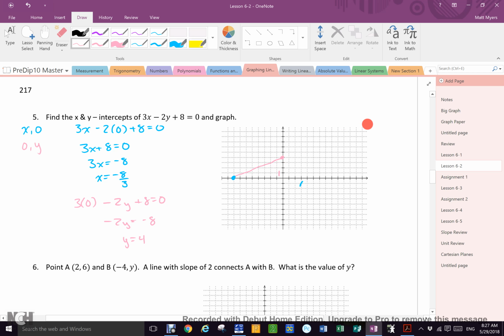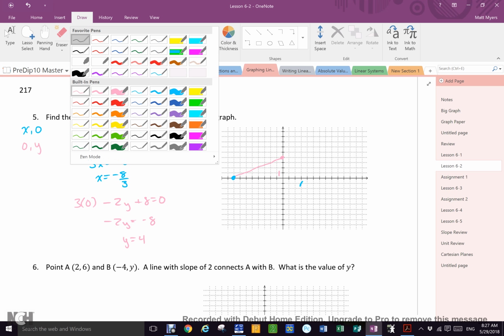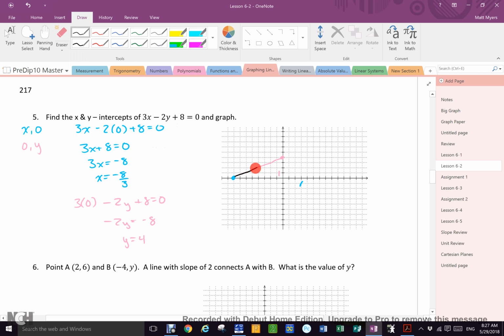Now, here is the problem. What's the slope? Because almost all of you are going to count right now, because it's on a graph.